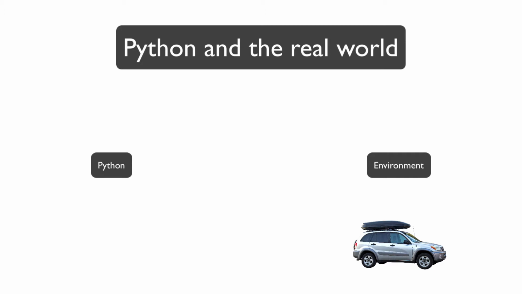But if I only want to focus on the general concept of a car, then I will probably want to model it in Python by saying what's the brand of that car and say the max speed of that car.